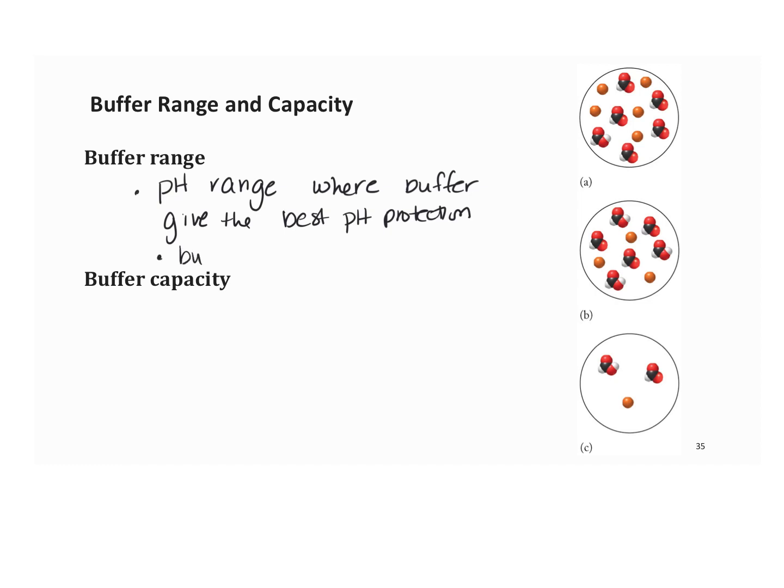And the buffer range for each buffer is generally a pKa plus or minus 1 unit, right?